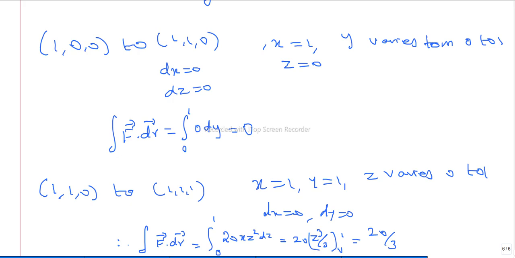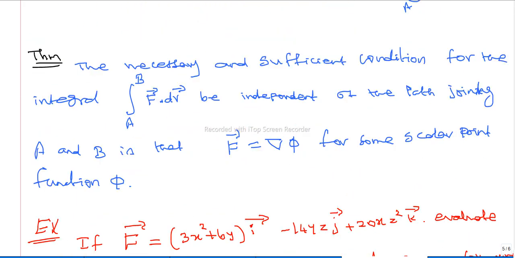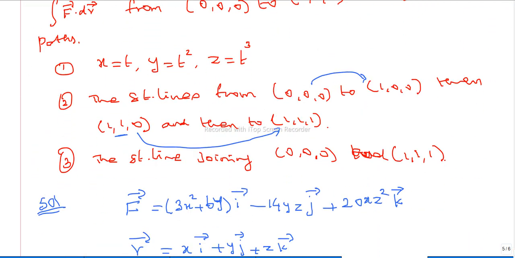So what is the question actually? First move from this point to this point, and then from this point to this point. You can take three points: 0 0 0, then 1 0 0, then 1 1 0, and after that the point 1 1 1.